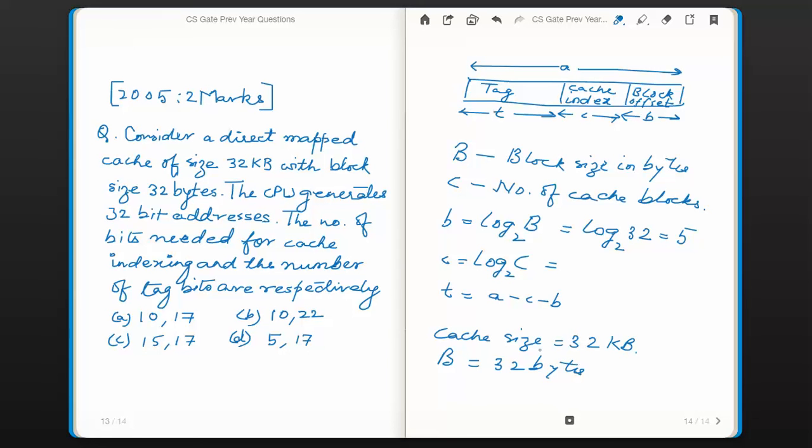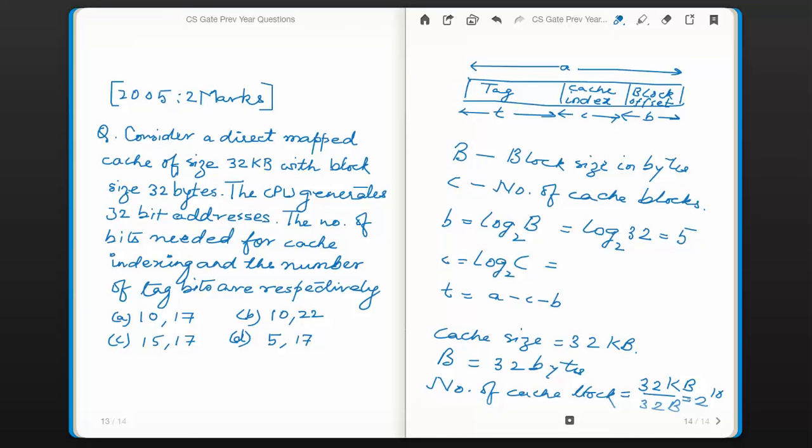Now if we divide the cache size by the block size, then we would get the number of cache blocks. So this would come out to be 2 to the power 10.